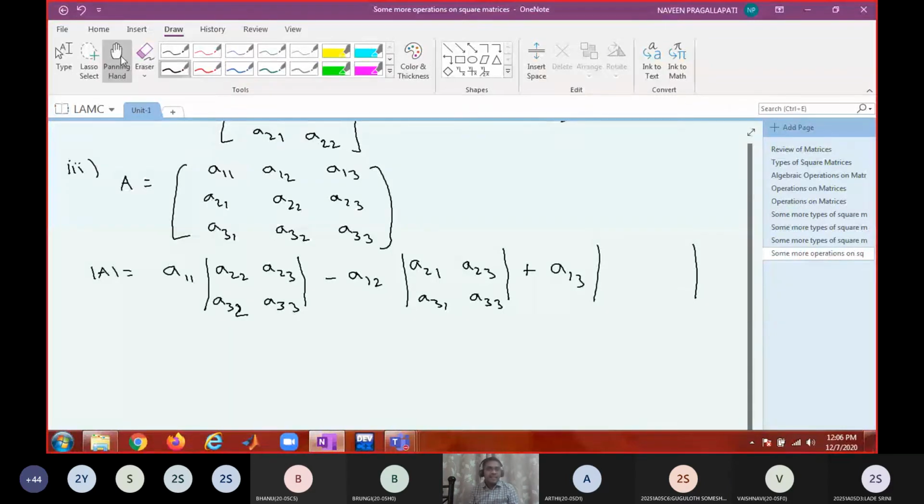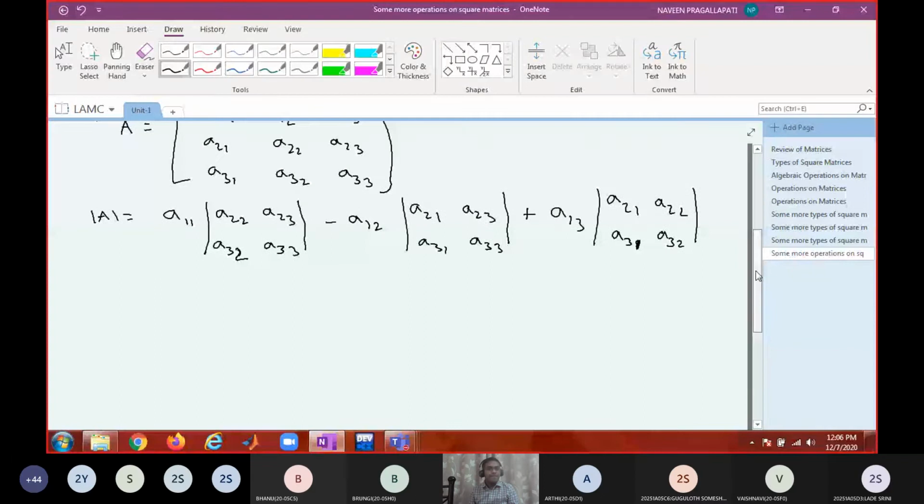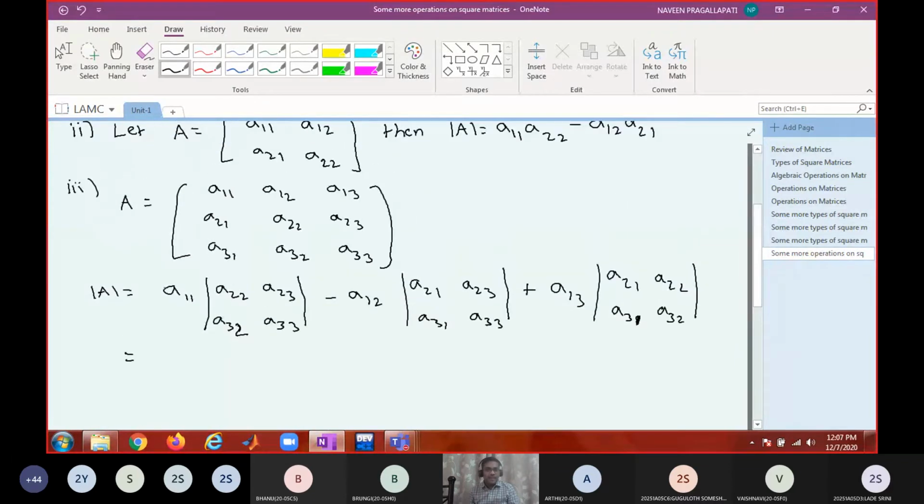By deleting the first row and third column, the resultant matrix is going to be A21, A22, A31, A32. That is how we write the determinant. I agree. So what can I call this determinant with respect to this element? What is that name?